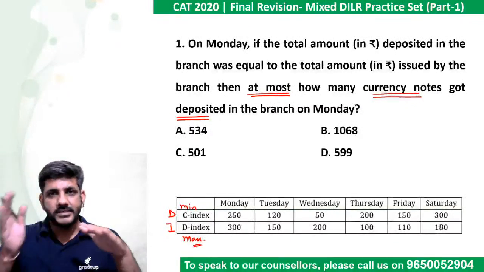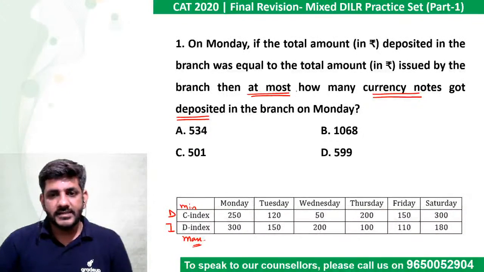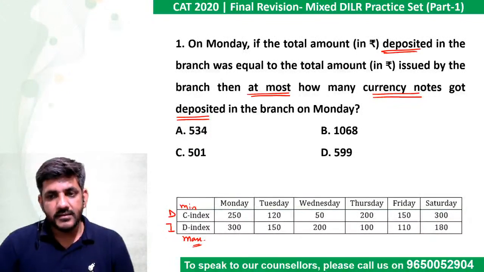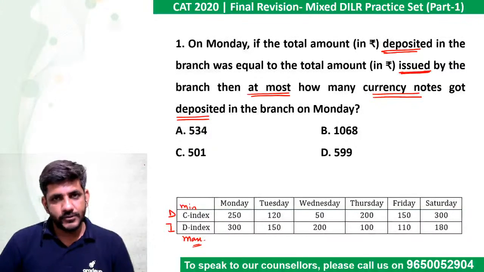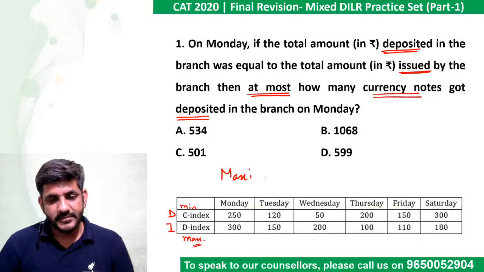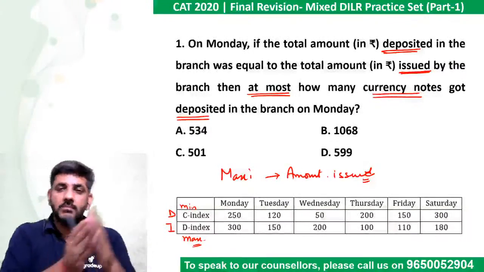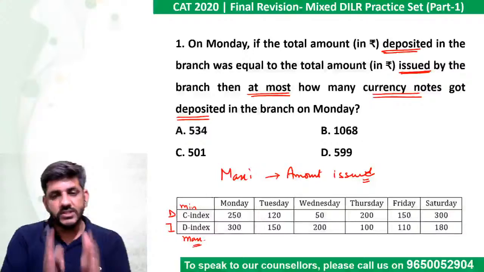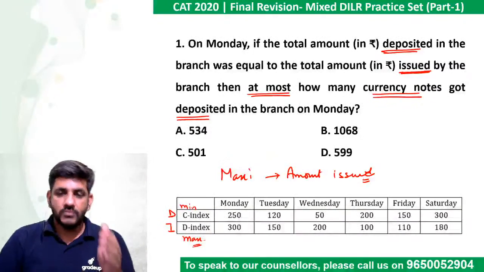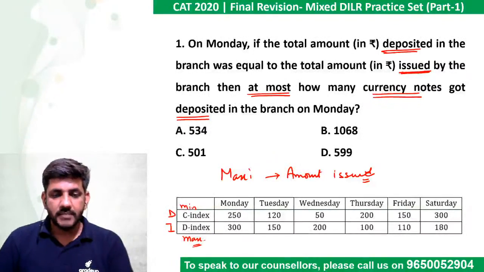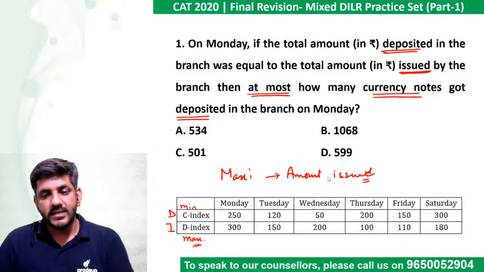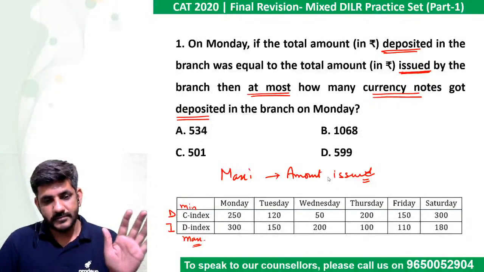Obviously, if we have the maximum amount, and he says amount deposited is equal to amount issued, so can I say I'll have to maximize the amount which is issued? Because the more amount is issued, the more amount would be deposited, and the more is deposited, the more currency notes we can make, because we wanted to maximize the number of currency notes.